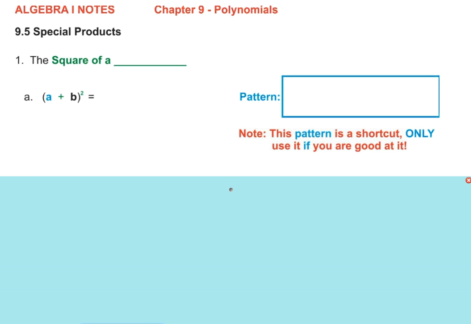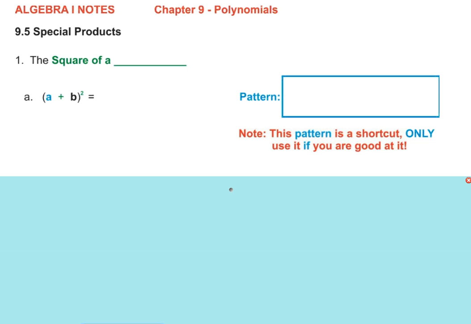We'll learn them then well. If you don't quite get these shortcuts down, it's okay. You can just do them the long way, and actually the long way is a little bit safer. Okay? So I know that's clear as mud, but hopefully you understood what I'm saying.